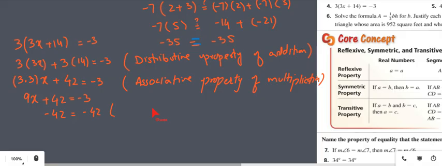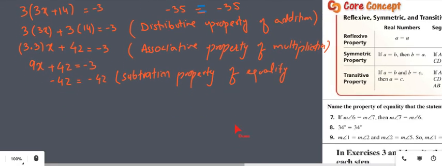Which property am I using now? This is the subtraction property of equality: if there is an equality relation, I can subtract the same number from both sides.